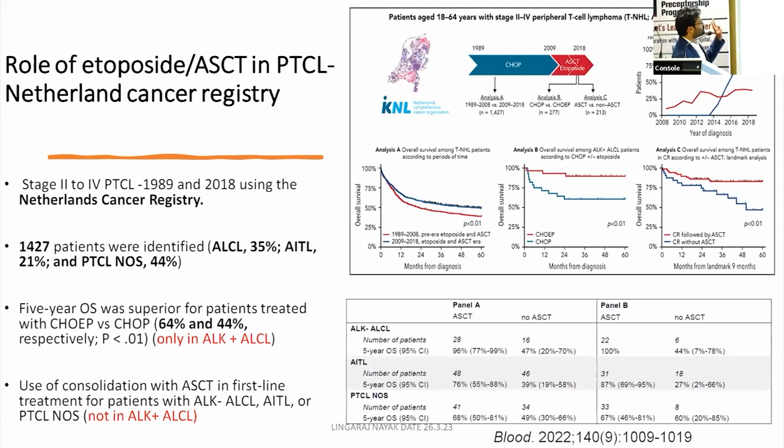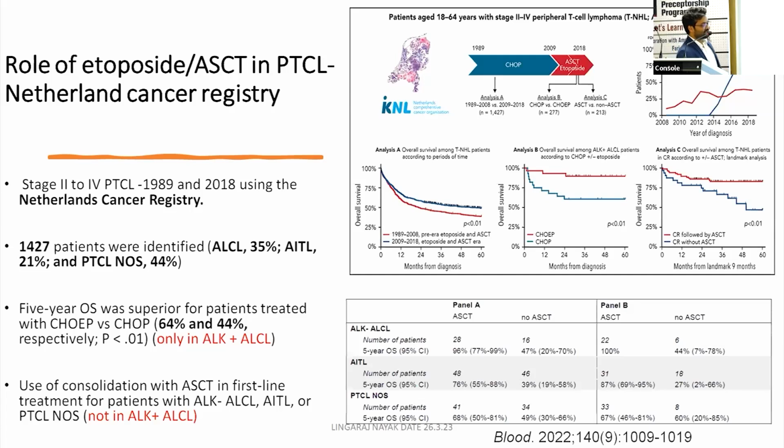They answer two important questions: whether etoposide adds to anything, or whether doing transplant helps in T-cell lymphoma. One thing they found is that only in ALK positive ALCL etoposide helps. In the rest it didn't help, right? The opposite is that transplant helped in everything except ALK positive. Interesting. So the same ALK positive ALCL is common in both. So this is the breakup here. You can see ALK positive, AITL, and PTCL, NOS.